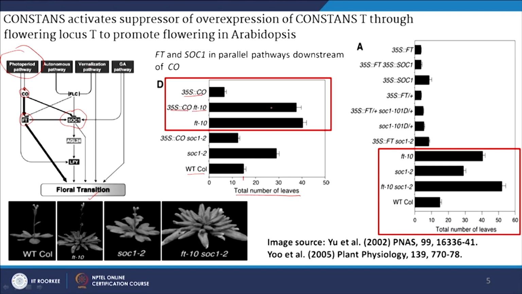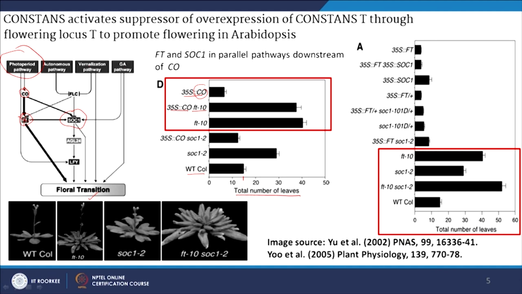CONSTANS cannot induce flowering, which means that CONSTANS is important in activating flowering, but it is working through FT. If you do not have FT, CONSTANS is not able to activate flowering. So, there is an interaction: CONSTANS is upstream of FT, and it is regulating flowering through FT.